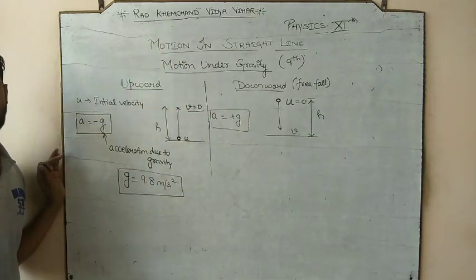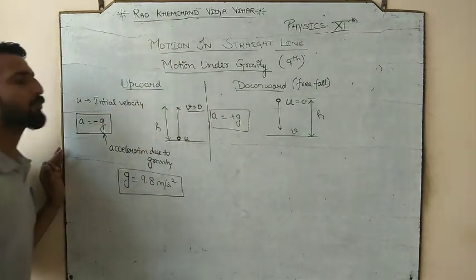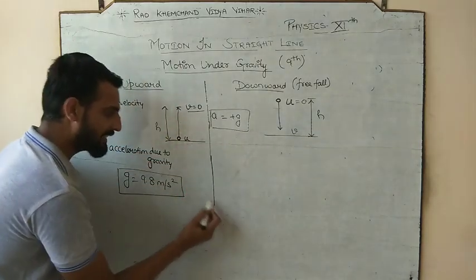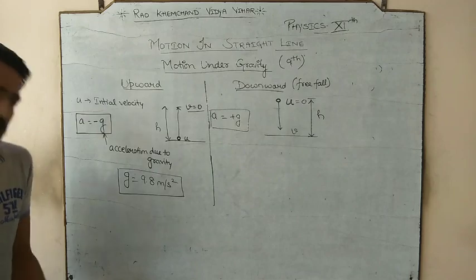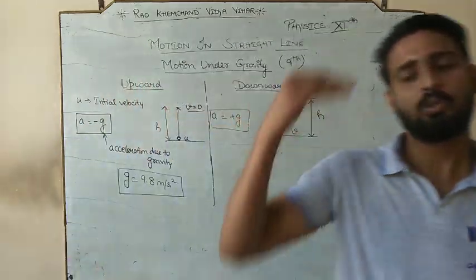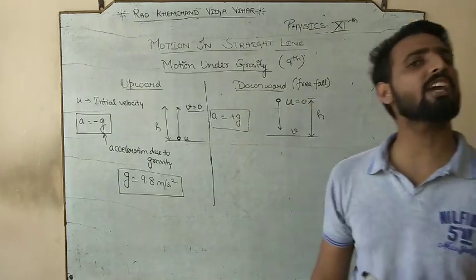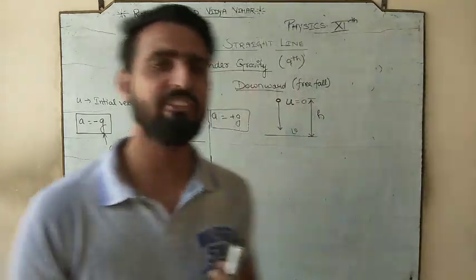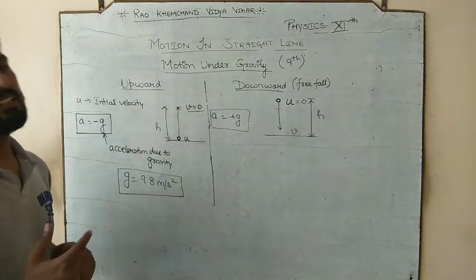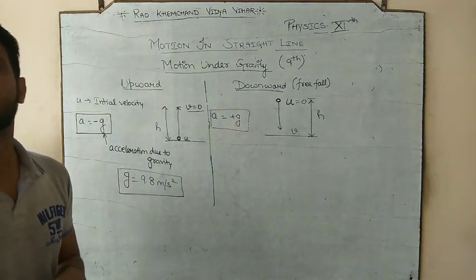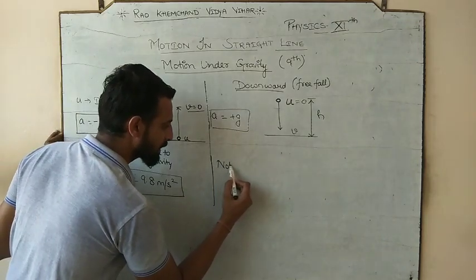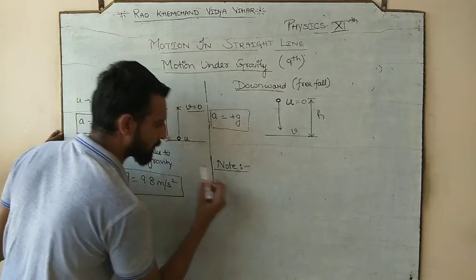So in upward motion and in downward motion, if we cover the same amount of height, means जितना हाइट हमने ऊपर जाने में कवर किया है उतना ही हाइट अगर हमने नीचे आने में कवर किया, if we cover the same height, then in that case the time interval would also be the same, and that is the most important note that you have to keep in your mind.